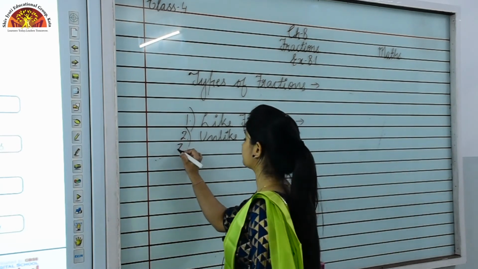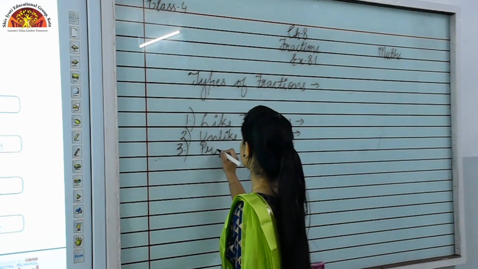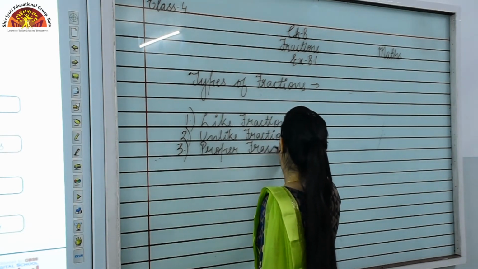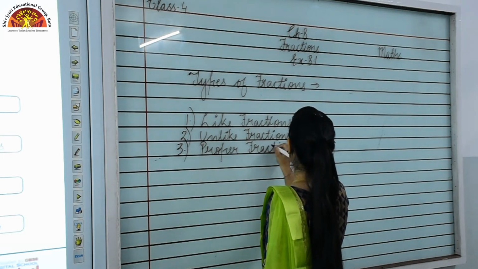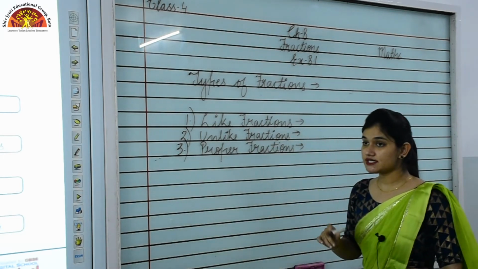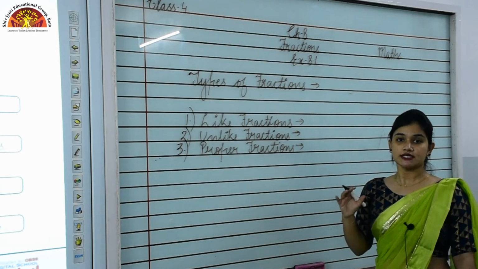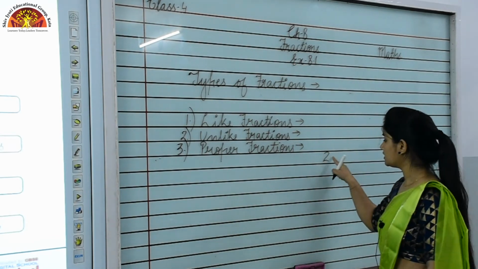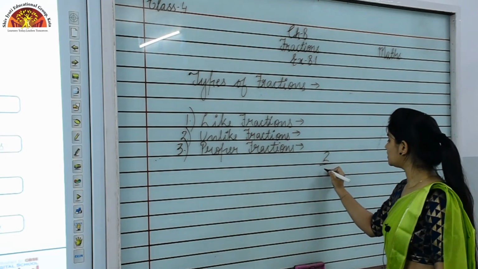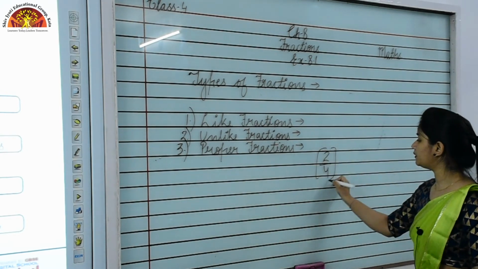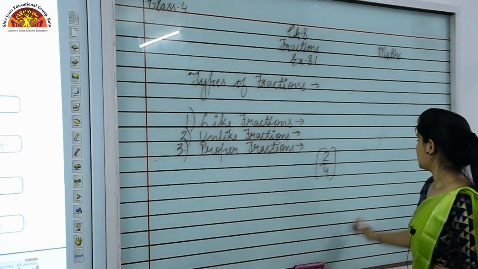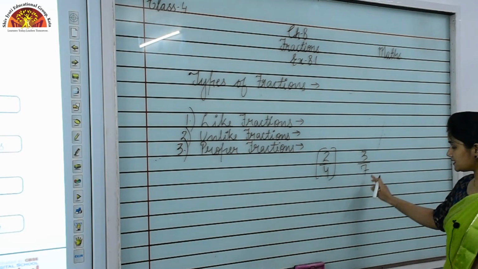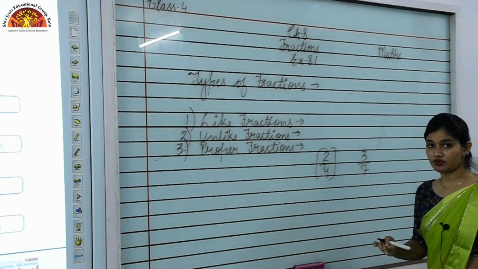Third is proper fractions. So students, if the numerator is smaller than the denominator, what did I say? If the numerator is smaller than the denominator, then the fraction will be a proper fraction. Here you can see 3 upon 7. 3 is smaller than 7, then this fraction will be a proper fraction.